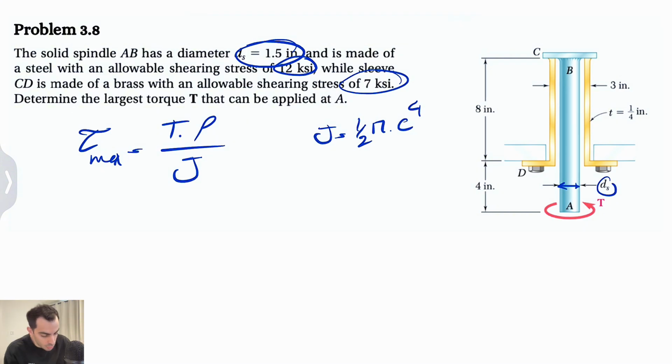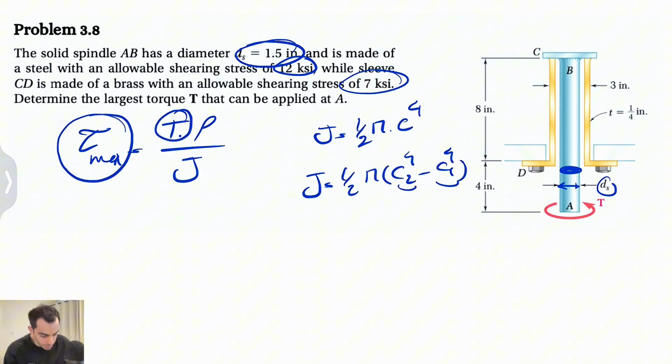So we have a solid shaft for the spindle AB, and for the sleeve we have a hollow cylinder. When we have a hollow cylinder, this formula turns into the outer radius to the power of 4 subtracted by the inner radius to the power of 4. So let's just figure out the maximum torque that we get from each of these.